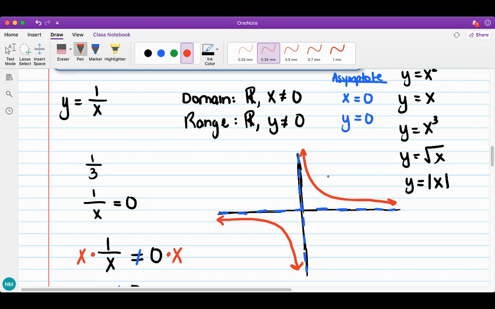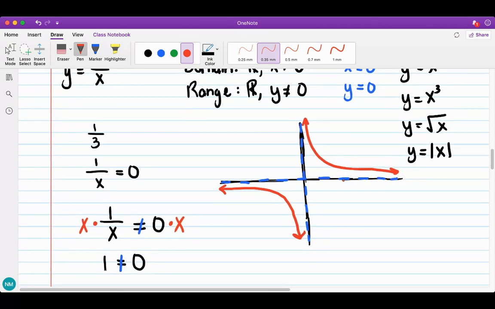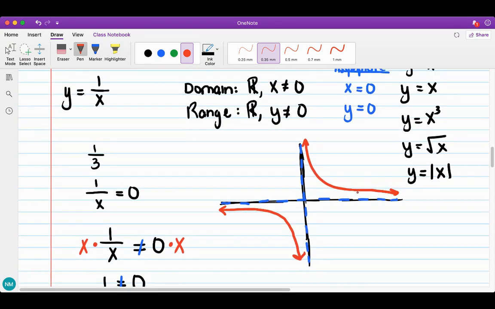Now, we are going to do transformations on this function. But before we do those transformations, I want you guys to understand that the asymptotes exist. Now, when we move this function, the asymptotes are going to also move with the function, just like it did when we worked with exponential functions, right?